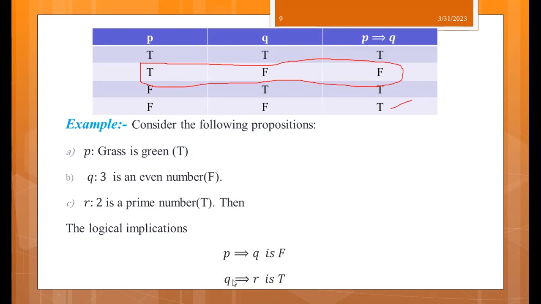Whatever the truth value of Q is, if R is true, then automatically Q implies R becomes a true statement, a logical implication with a truth value which is true. Therefore, when we see the truth values of Q and R here, what is Q? Q, 3 is an even number, is false. And R, 3 is a prime number, is true. So false implies true becomes true.